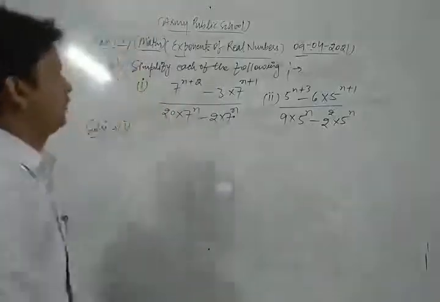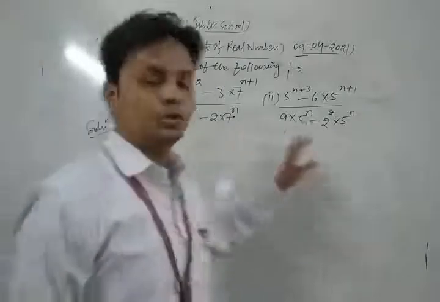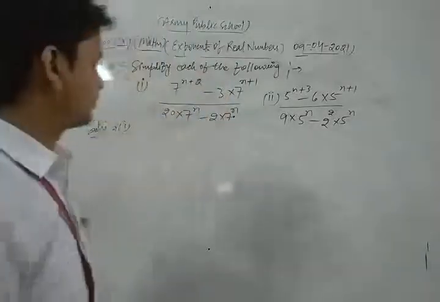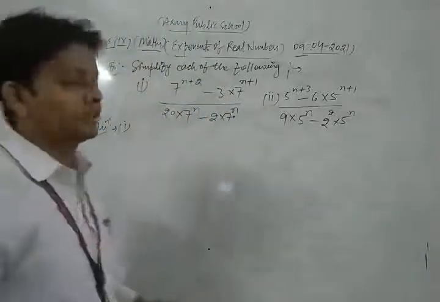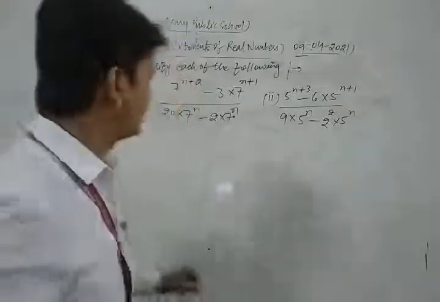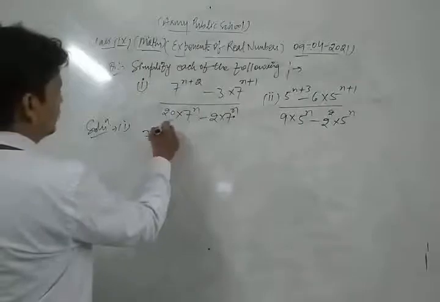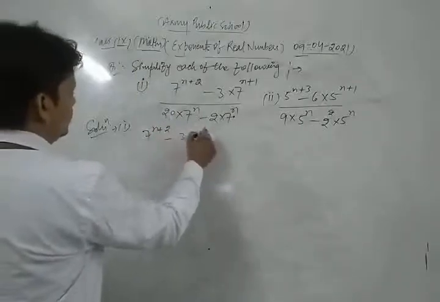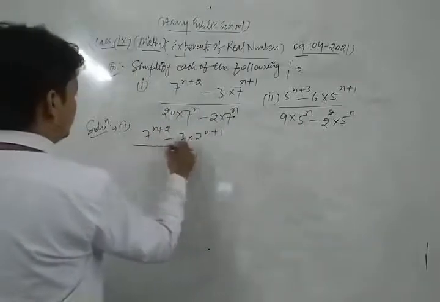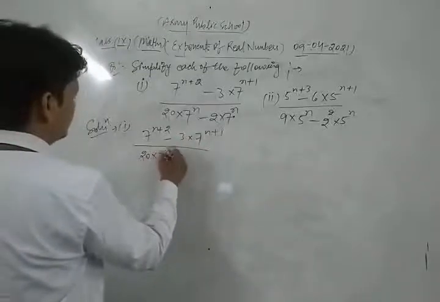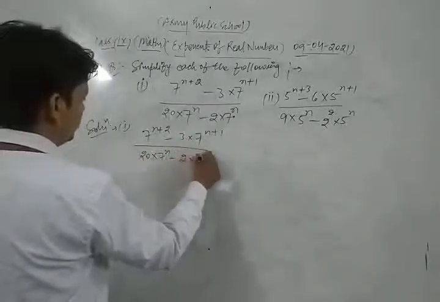This is the first part of this question, this is the second part. First of all, we take and solve the first part of this question. We are given 7 to the power n plus 2 minus 3 into 7 to the power n plus 1, upon 20 into 7 to the power n minus 2 into 7 to the power n.